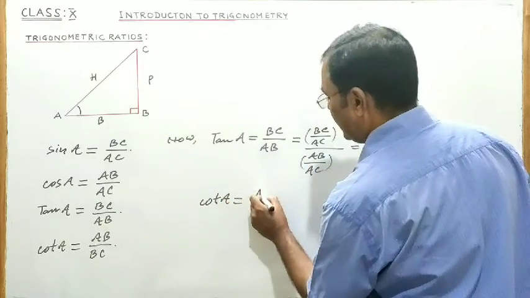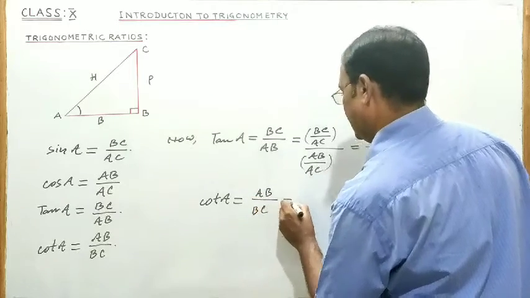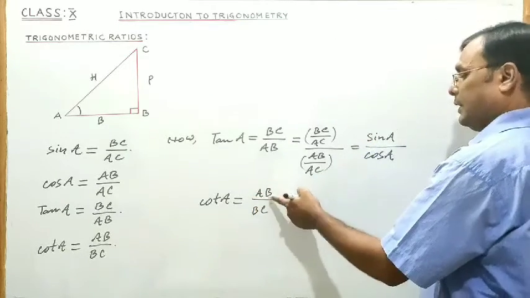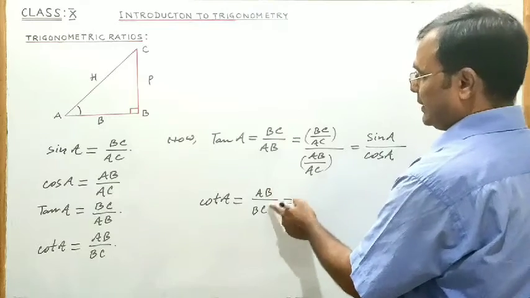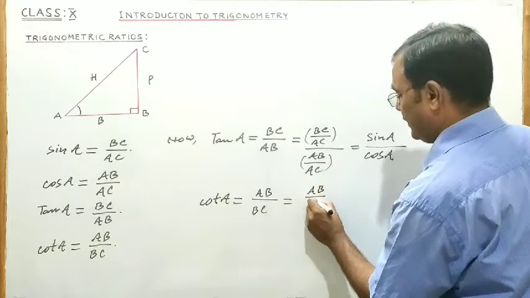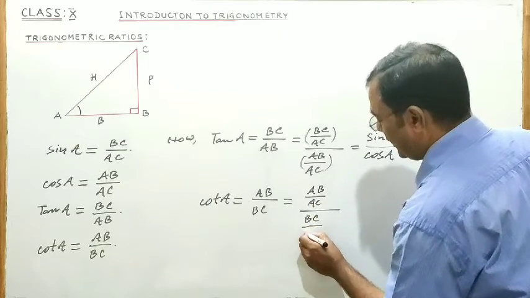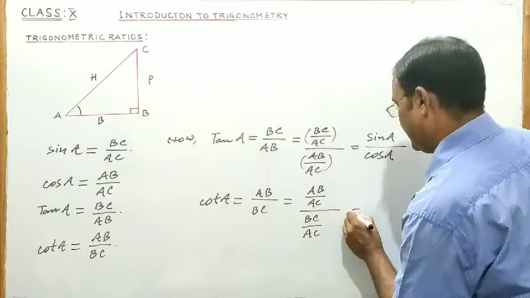And cot A is AB by BC. Here also let us divide AB and BC both by AC. So we can write AB by AC upon BC by AC.